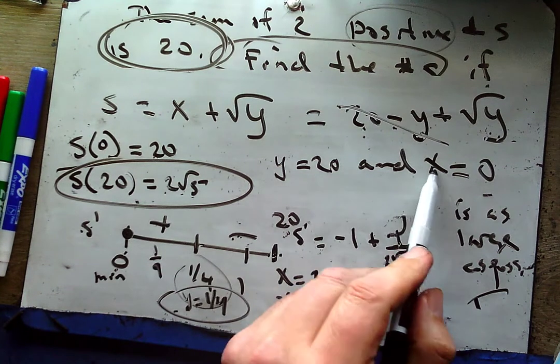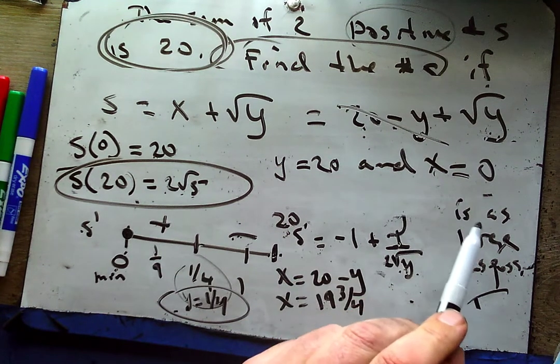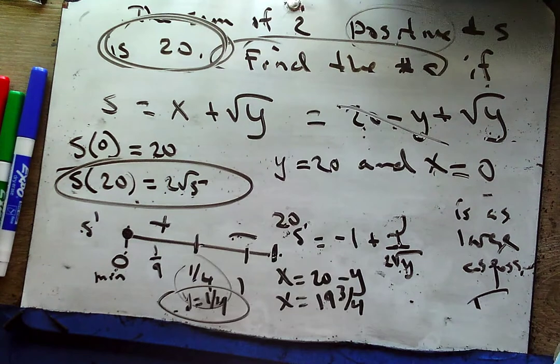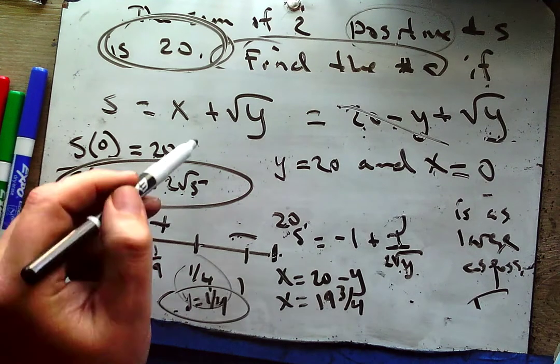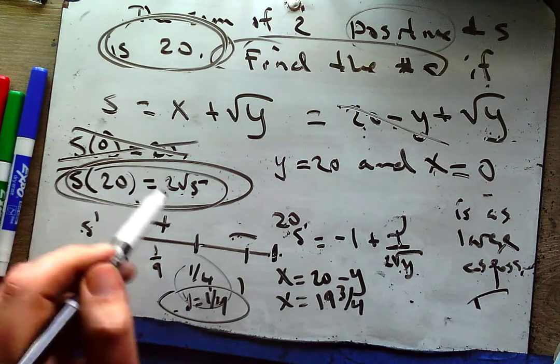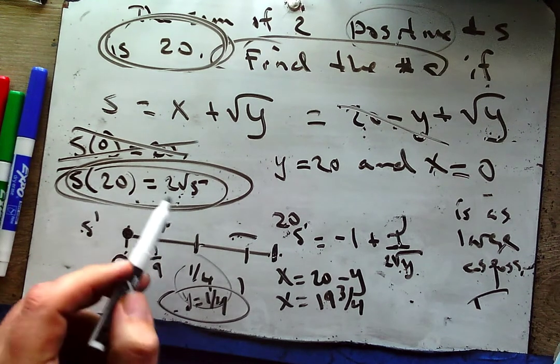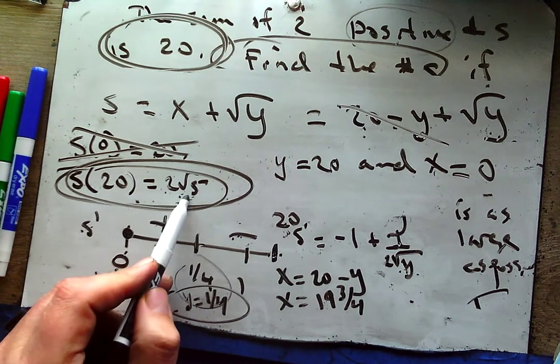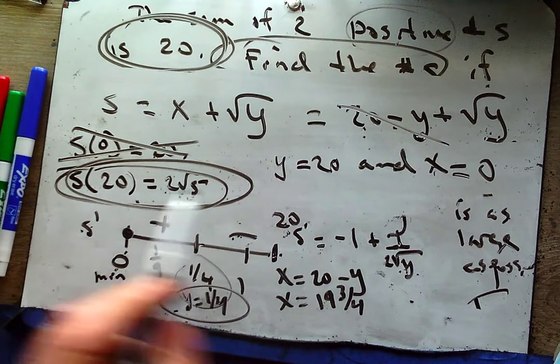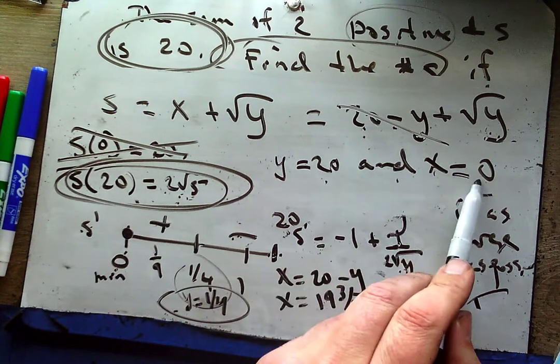I wasn't allowed to have x equal to 0, I thought, because the numbers had to be positive. So, yeah, well, that's okay because that one was bigger than that one. So yes, there's my smallest sum possible is 2 root 5, and that happens when y is 20 and x equals 0.